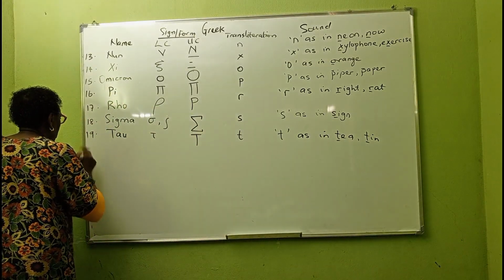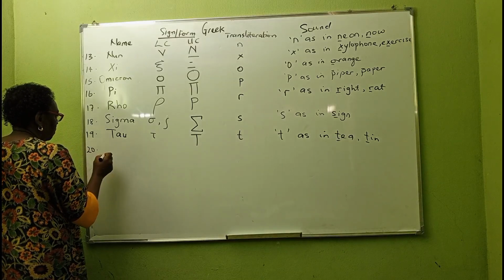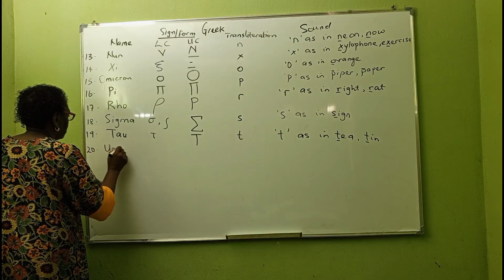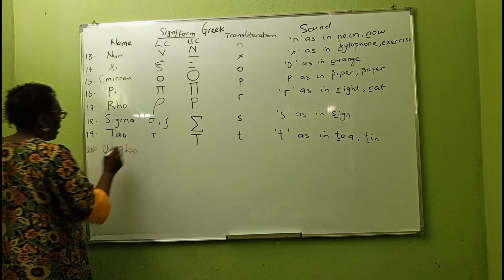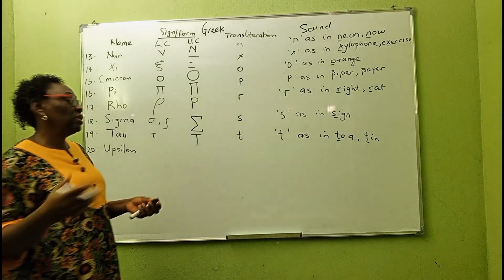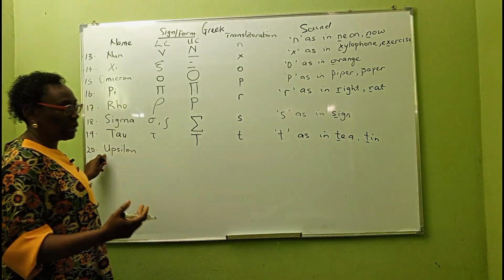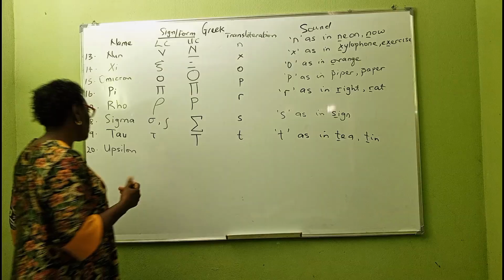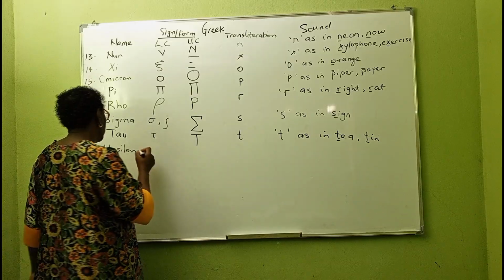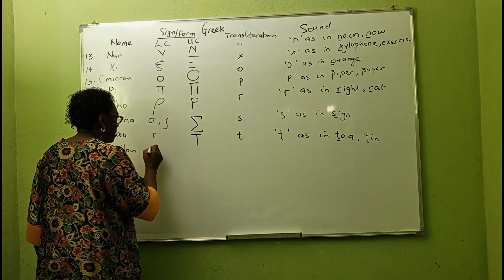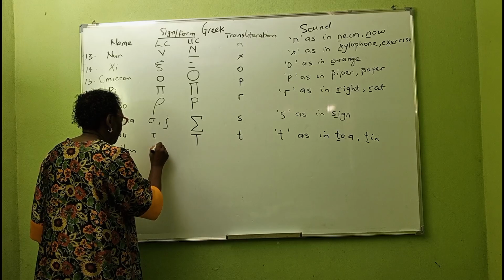And the 20th letter is upsilon. I know we had epsilon before, but this is upsilon. So it's a U sound. Upsilon is written this way.